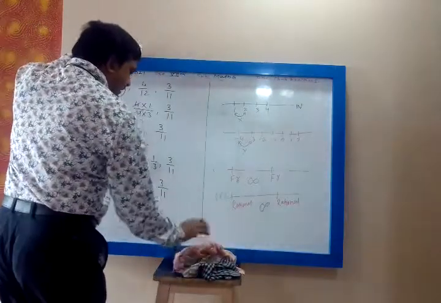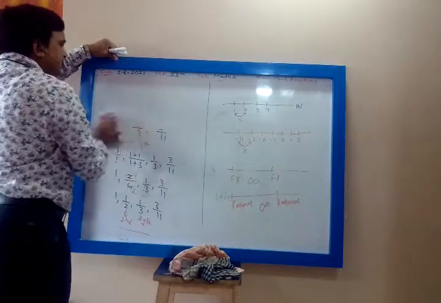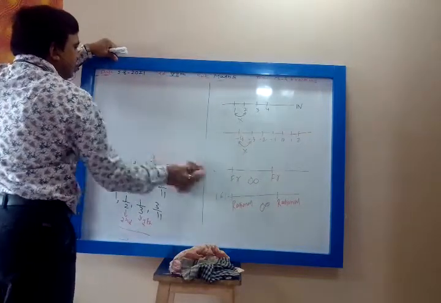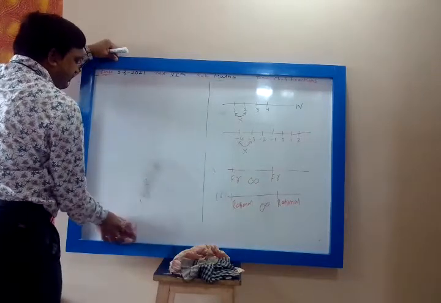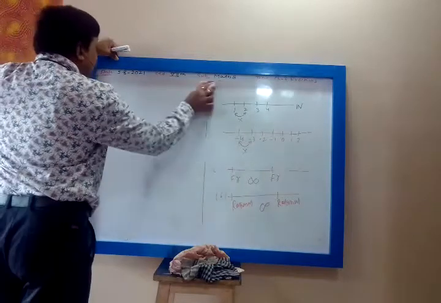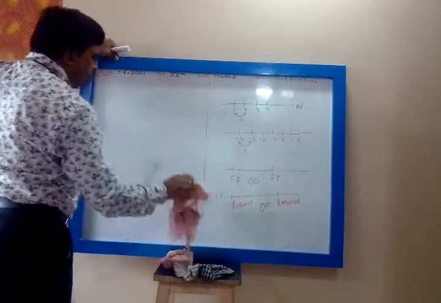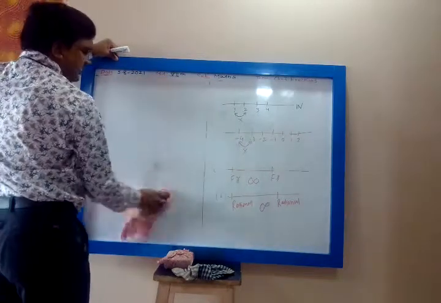So between two fractions, there are infinitely many fractions. Between two rational numbers, there are infinitely many rational numbers. But between two natural numbers, there is no natural number. Between two integers, there is no integer. Between two whole numbers, there is no whole number. But between two rational numbers, there are infinitely many rational numbers.